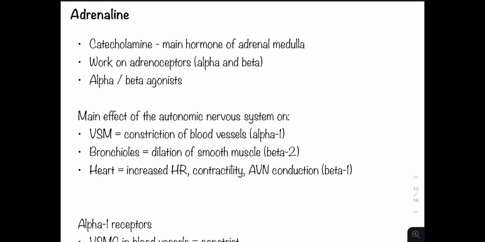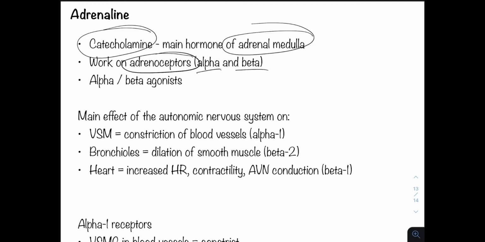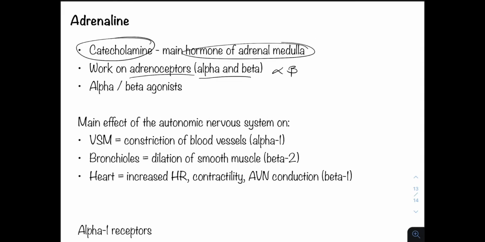Now this is a catecholamine, and is the main hormone produced by the adrenal medulla. Adrenaline works on adrenoceptors, and these are the alpha and beta receptors. They are alpha and beta agonists, which means that binding to these receptors activates the downstream signaling pathway.